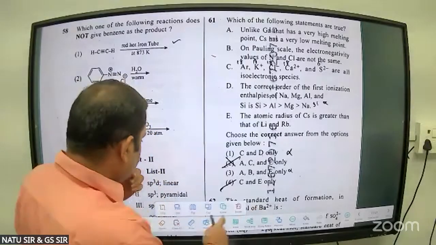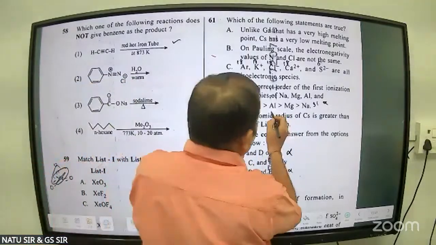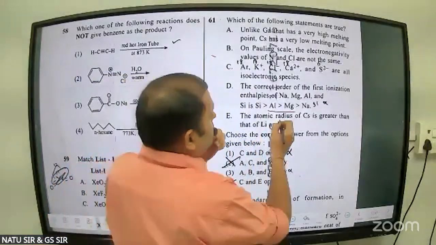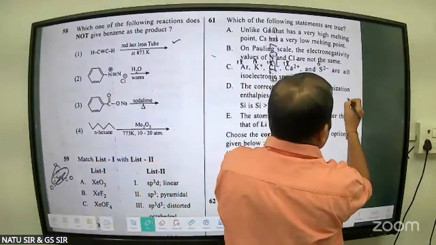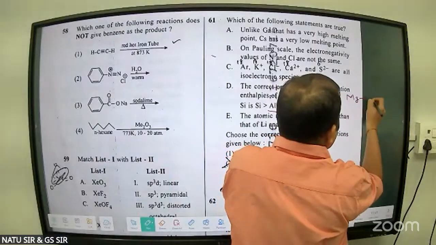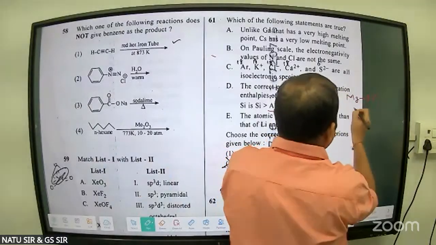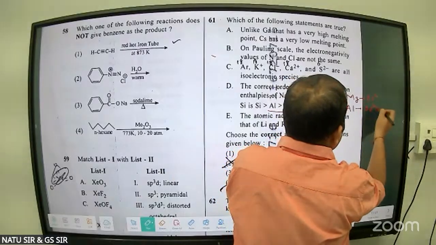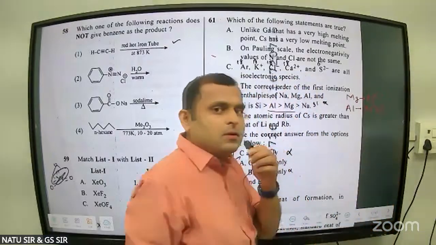But then there is an exception between aluminum and magnesium. Because the outermost configuration of magnesium is 3s2, whereas for aluminum, it is 3s2 3p1.